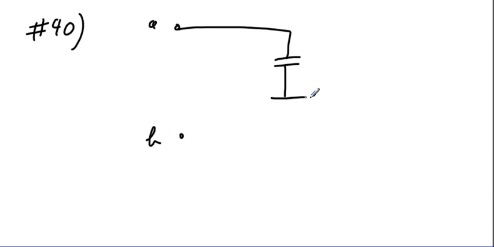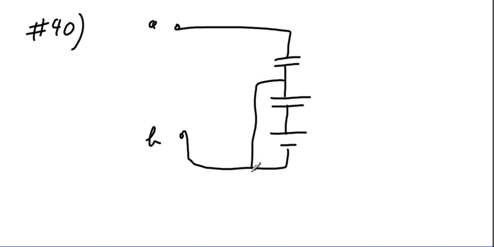So I've got a point A, and I got a point B, and I've got 1, 2, 3 capacitors, and I've got another capacitor going that way, and I got another capacitor going this way.